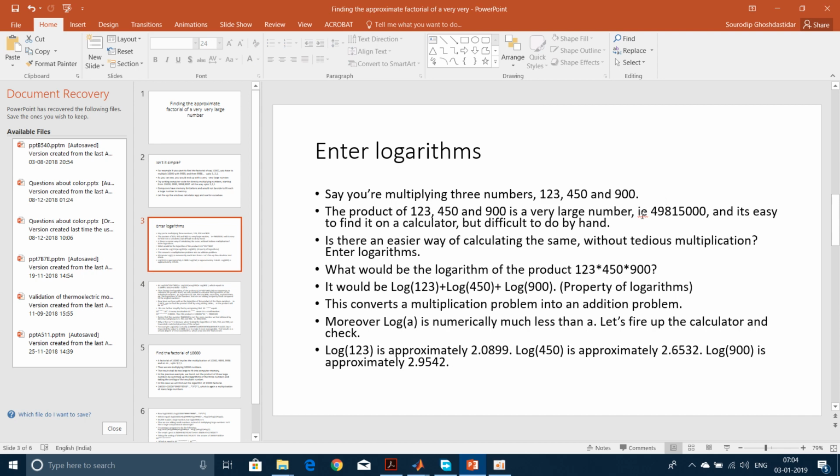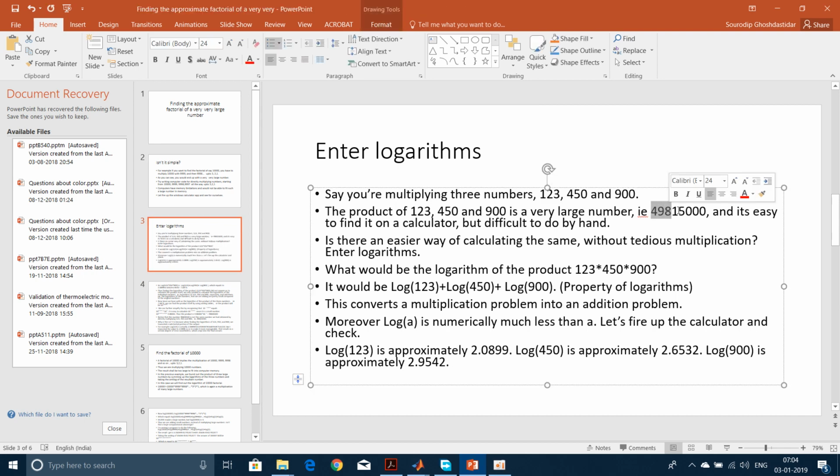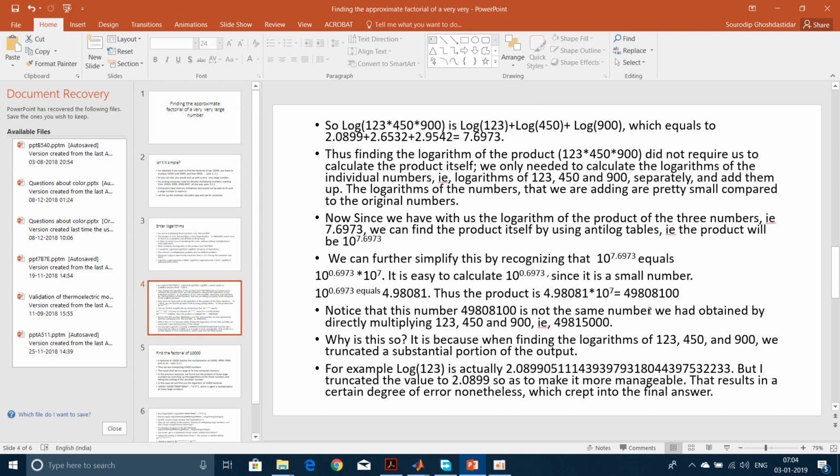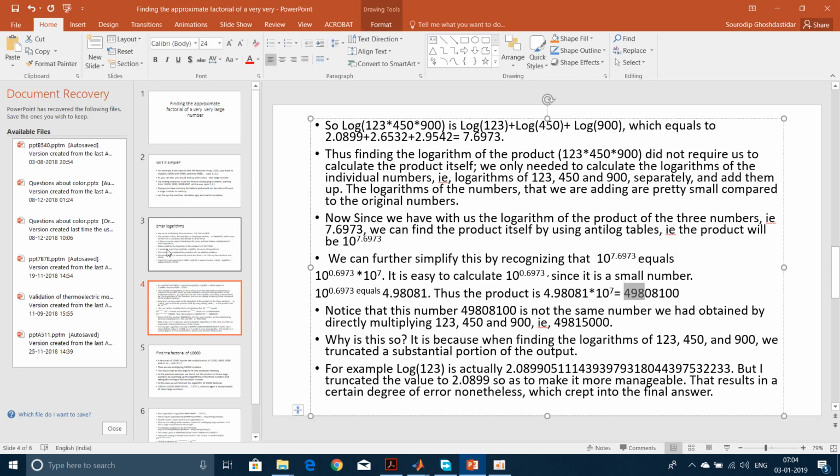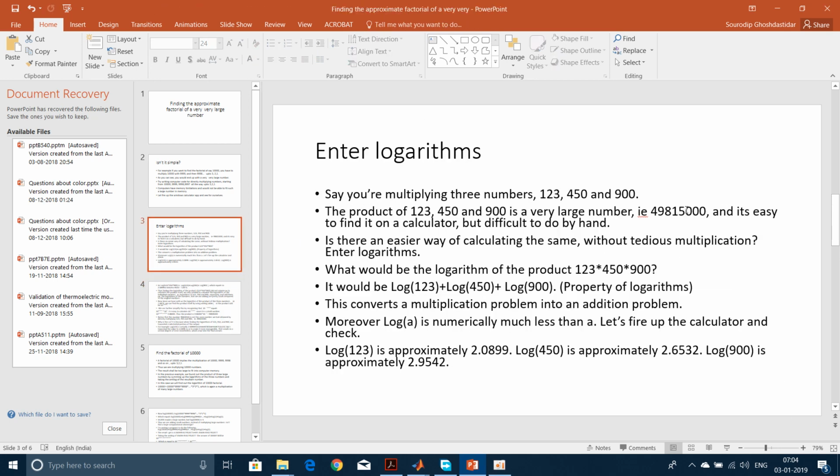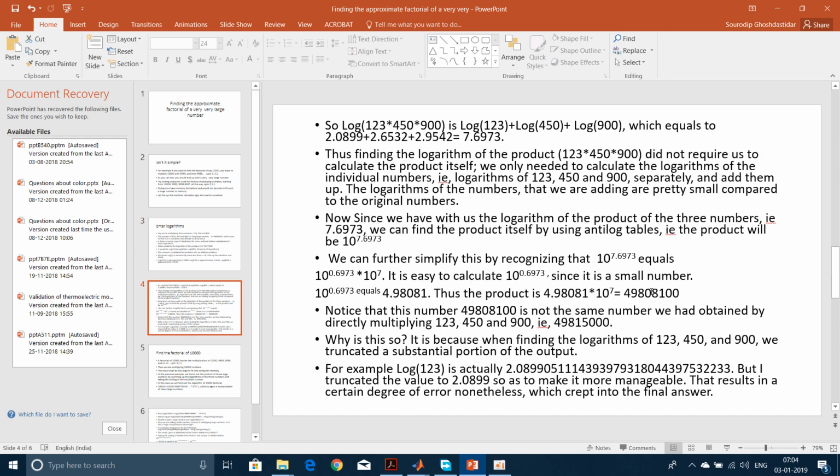These first three digits are the same, 498. After that we have 15000 here, and here we have 08100. So there's some difference. So why is this difference coming?